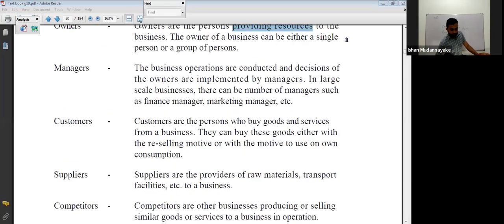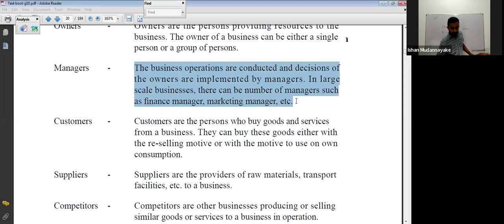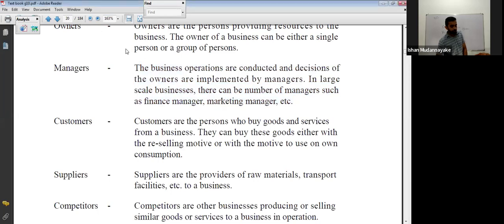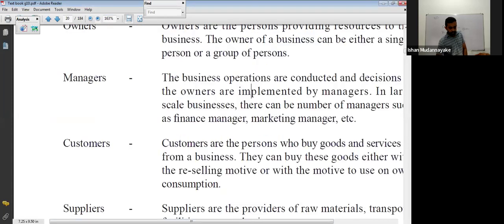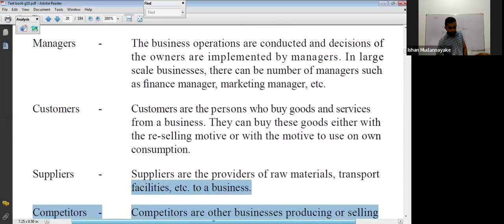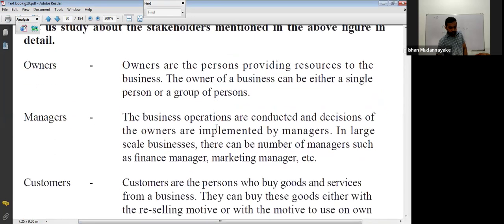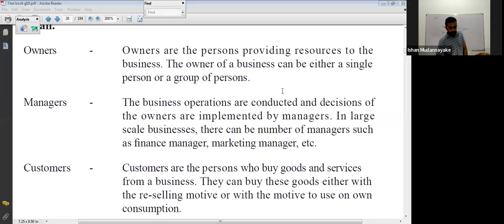Managers. Danuja, read the note. Managers. Danuja, can you hear me?